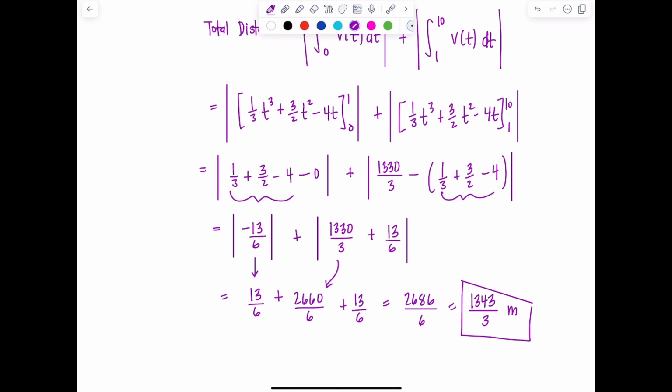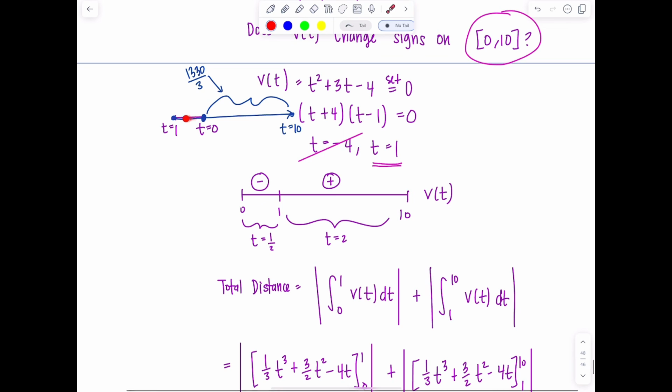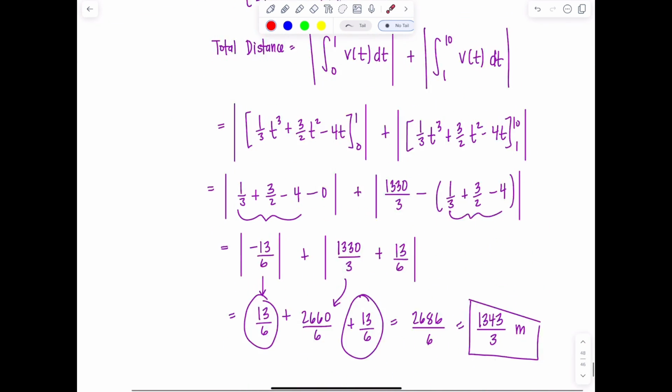So back to the little diagram I made. These 13 over 6s cancel out when we're doing displacement, because this negative and this positive would have canceled out. But that means this way was negative 13 over 6. This is 13 over 6, but I want total distance traveled, so I'm adding an extra 26 over 6. That's it. There's not really much more to it.